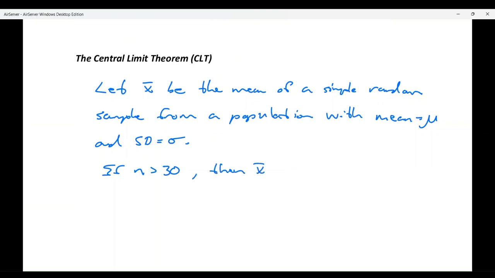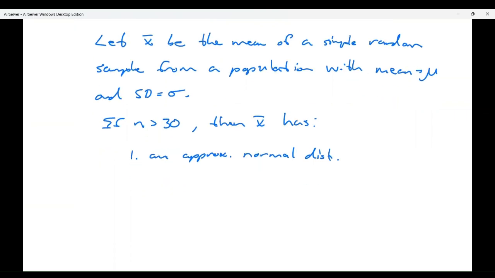1, the sample mean has an approximately normal distribution; 2, a mean equal to the population mean.